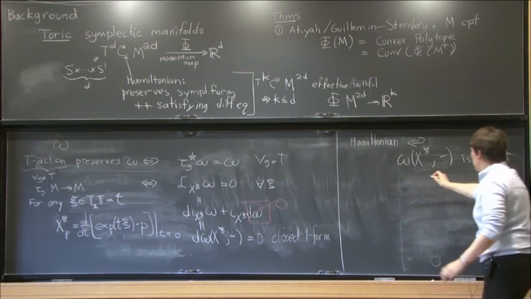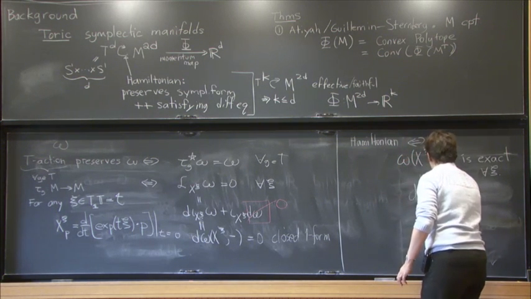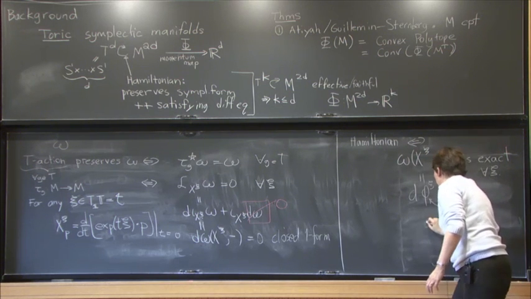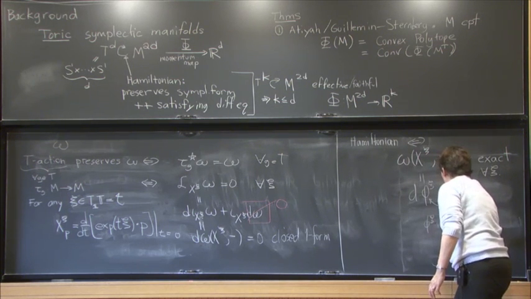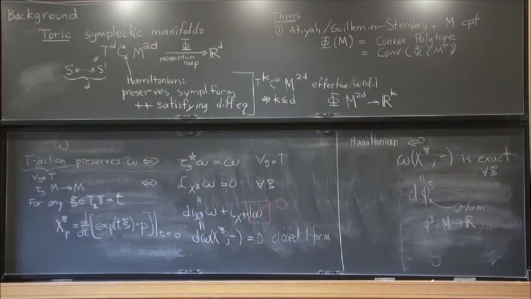So that means that this is d of a 0-form, which is just a function. And it's defined only up to its derivative, so that's where the constant comes in.